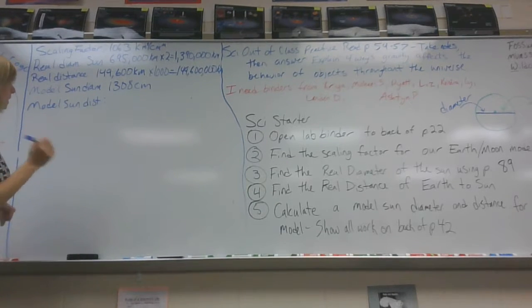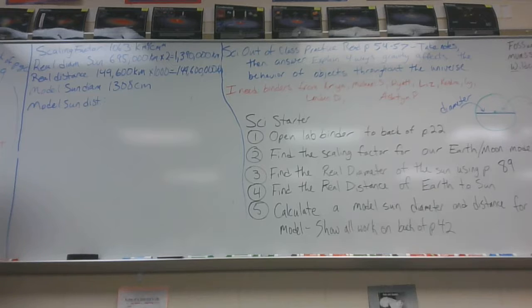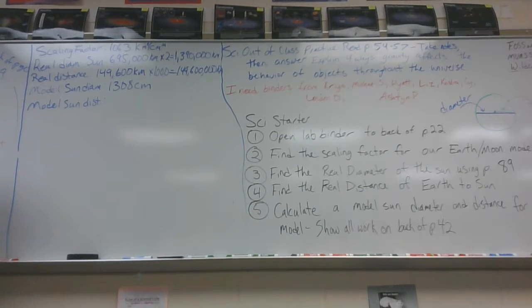Yeah? All right, so what do I do? Carson, how do I set up an equation to figure out my model sun distance? Have we timesed it all today? Nope. What did we do when we figured out the real diameters, the model diameter sun?